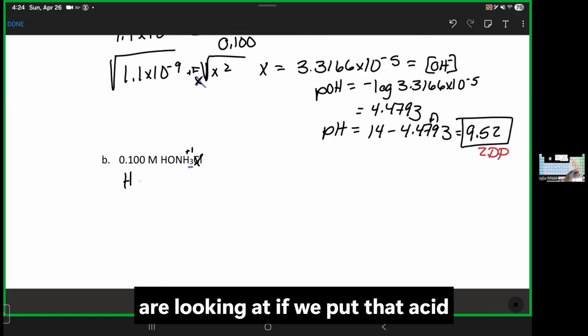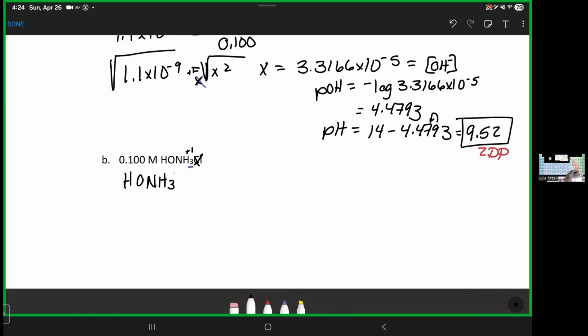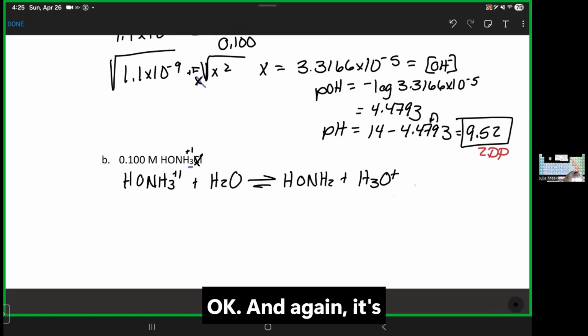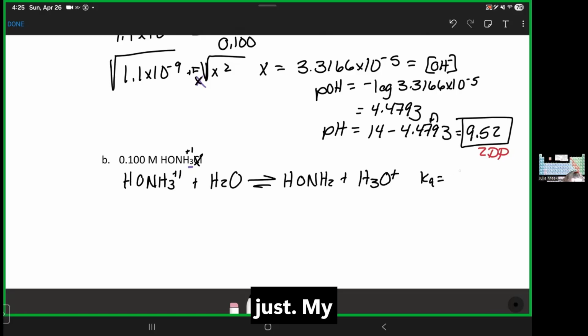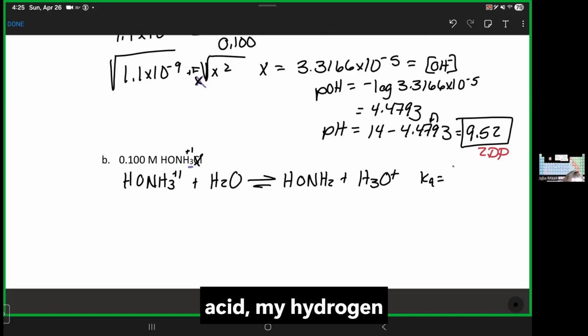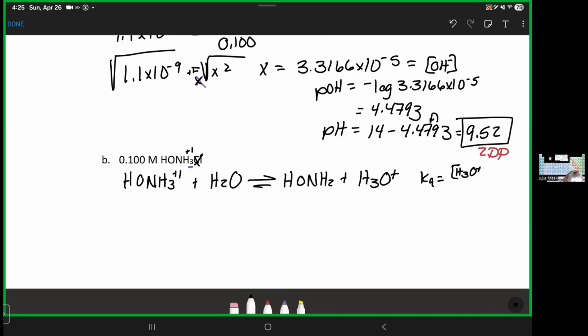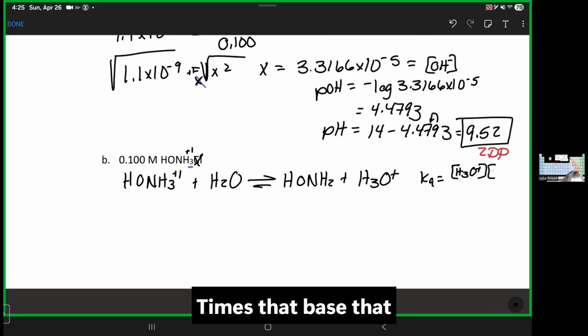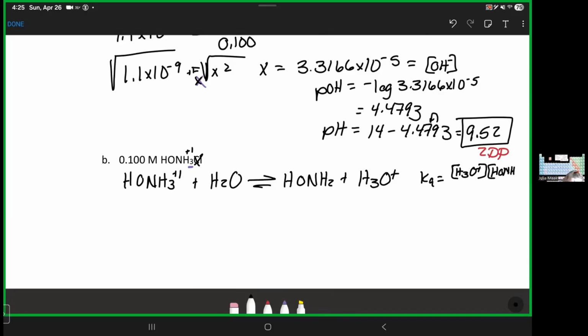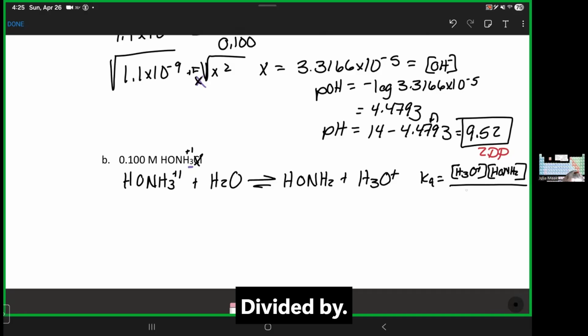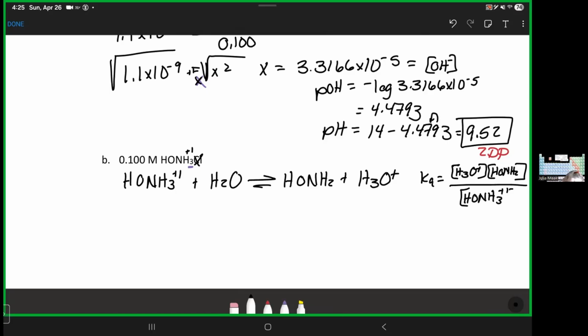So we are looking at, if we put that acid into water, and again, it's just my hydrogen ion times that base, that anion, divided by the acid, right?